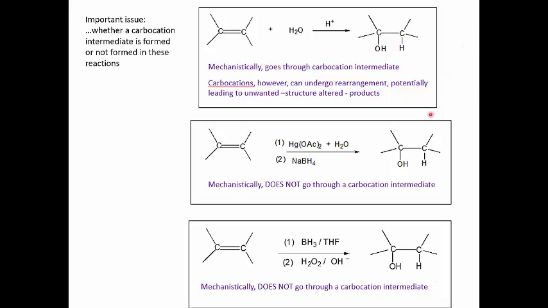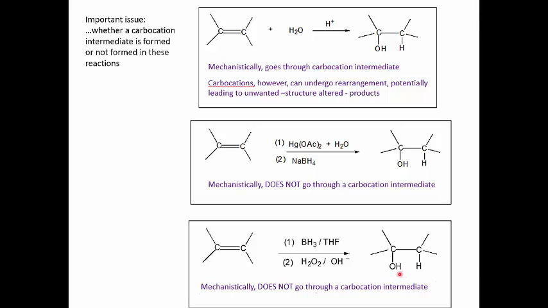In contrast, the mercury sequence reaction does not involve rearrangement because no carbocation intermediate is formed in the mechanism. Now, significantly, the hydroboration-oxidation sequence as well does not go through a carbocation intermediate. Hence, rearrangements also do not occur.